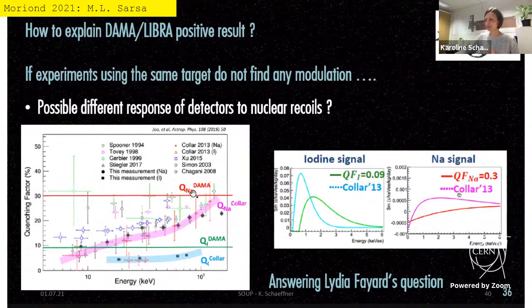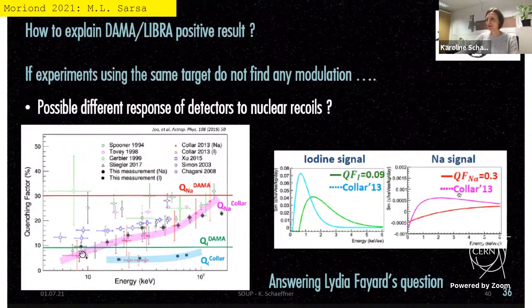For sodium recoils, if you have, for example, a dark matter particle hitting the sodium atom and causing a recoil, you would expect a factor of 0.3 of light only, in comparison to an electron recoil at the same energy. For iodine, as it's an even heavier atom, this is even lower, and for Dharma they said roughly 0.1.